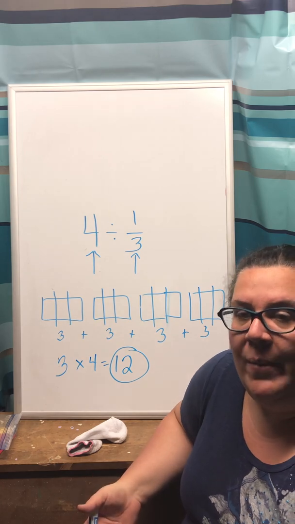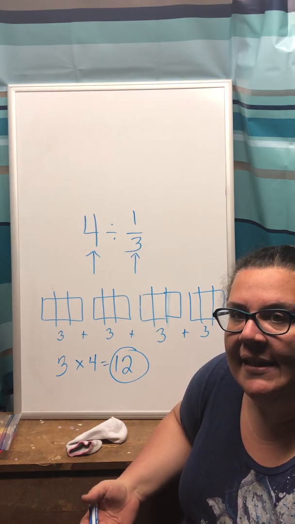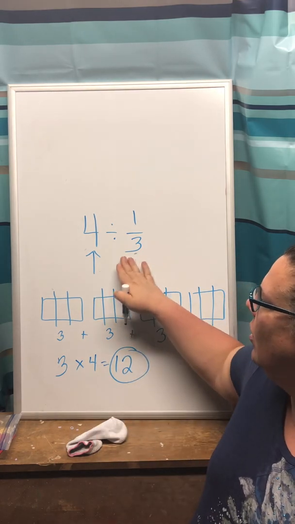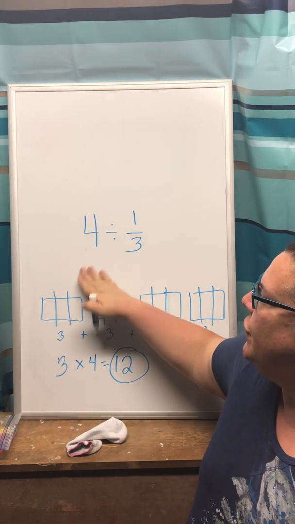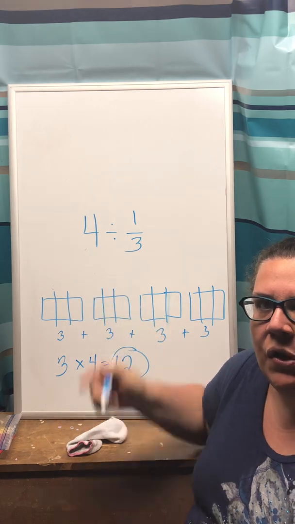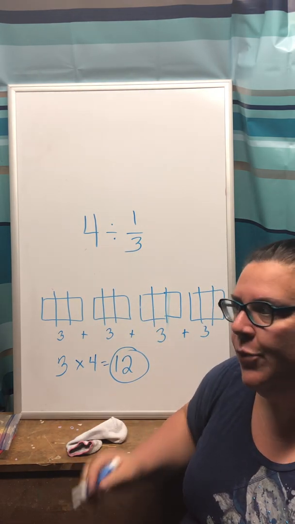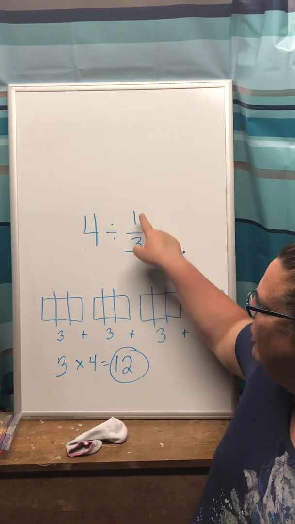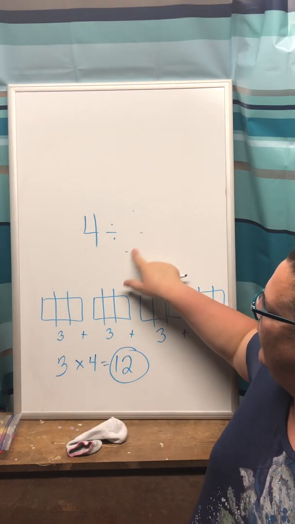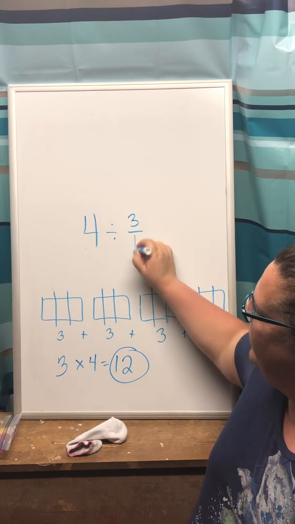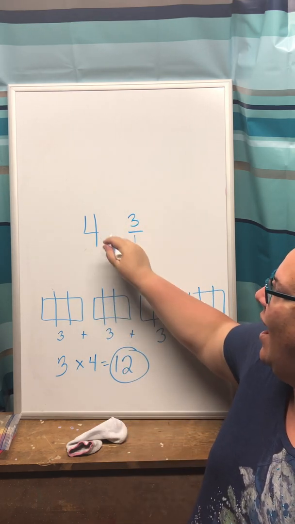Remember when we did the last lesson and I said that you can also do this without drawing a picture if you take your original number model. So we have 4 divided by 1/3, and when we do the division, what we're really doing is we're going to flip that fraction over. So my 1/3 will actually turn into 3/1, and then I'm going to do the opposite operation.